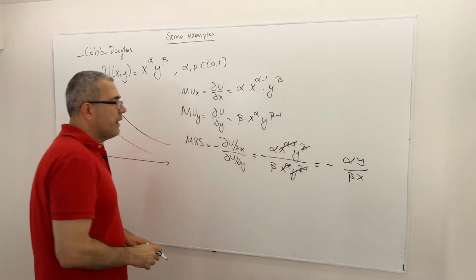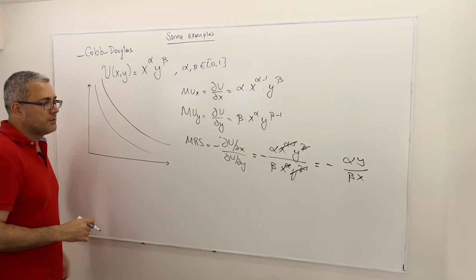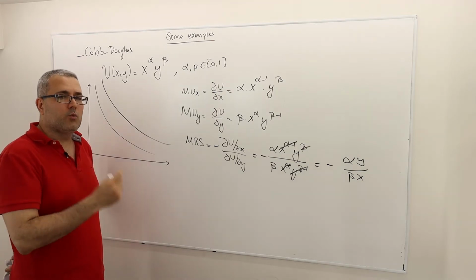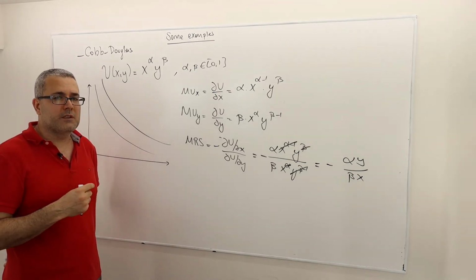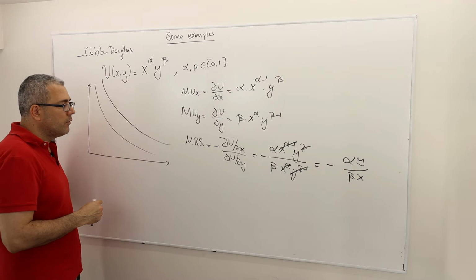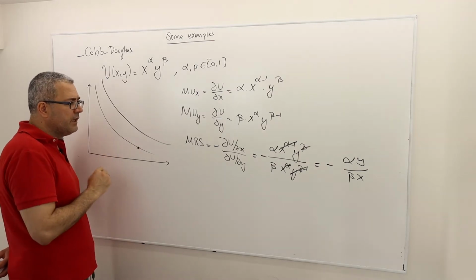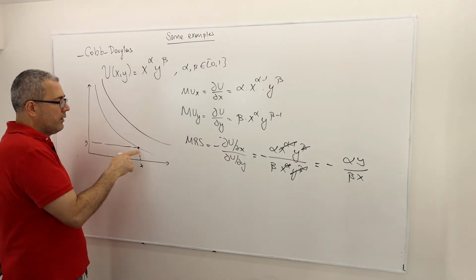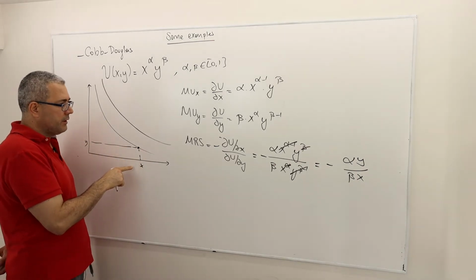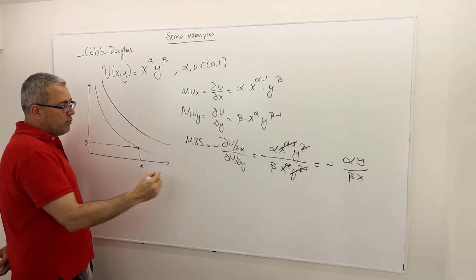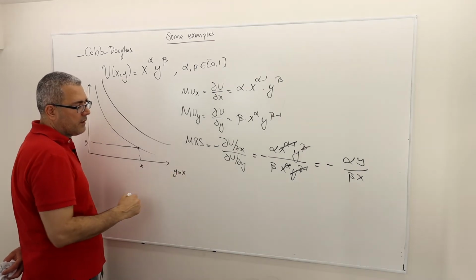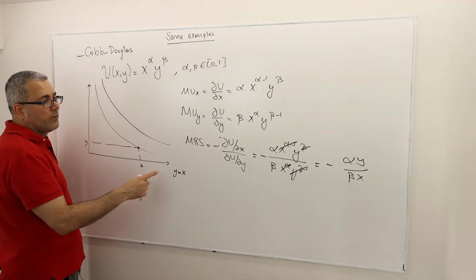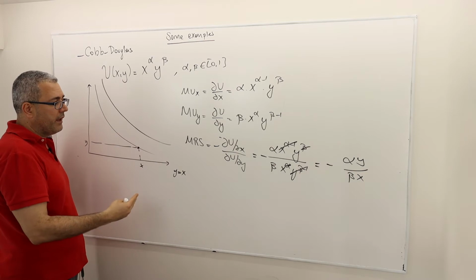All right, so as you can see, the marginal rate of substitution, meaning how much additional y you need if you want to give up some of your x, is going to depend on your initial point of x and y. So if you're here, your marginal rate of substitution is different. For example, when y and x are equal, then the marginal rate of substitution is going to be minus alpha over beta.